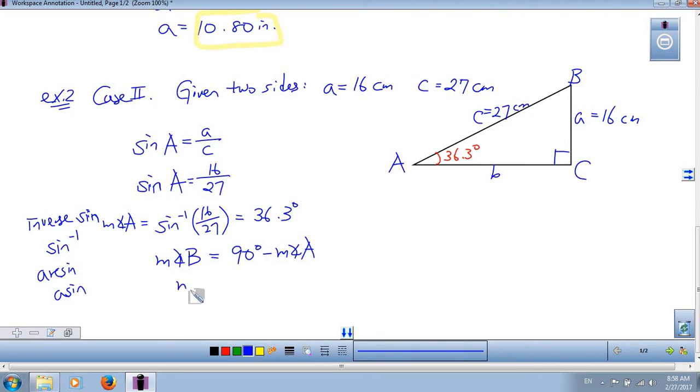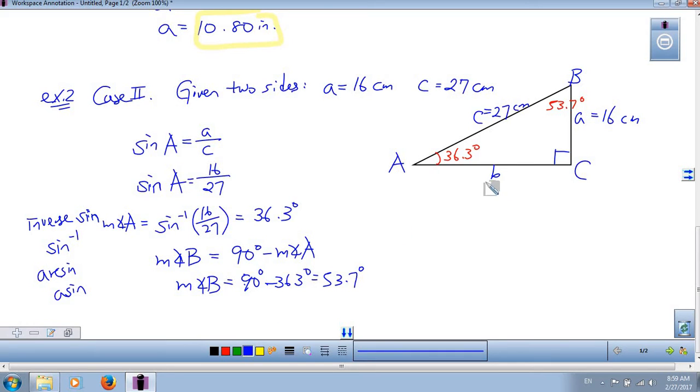They're complementary again. So it's 90 minus 36.3. That would be 63.7 degrees, right? No, 53.7 degrees. So angle B is going to be 53.7 degrees.